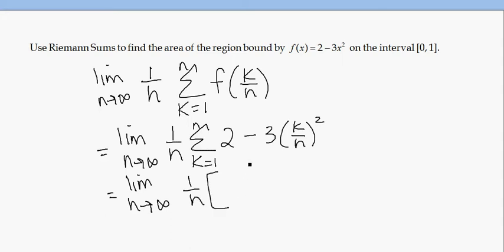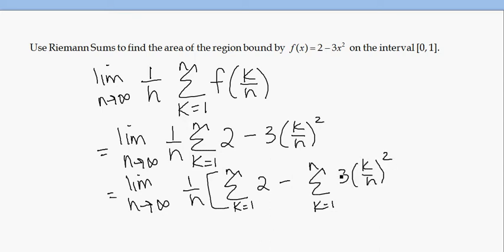And I'm going to take advantage of the properties of our sigma and rewrite this as the sum from k equals 1 to n of 2 minus the sum from k equals 1 to n of 3 times k over n squared. Okay, so we have, again, some more properties of sigma that we can use.